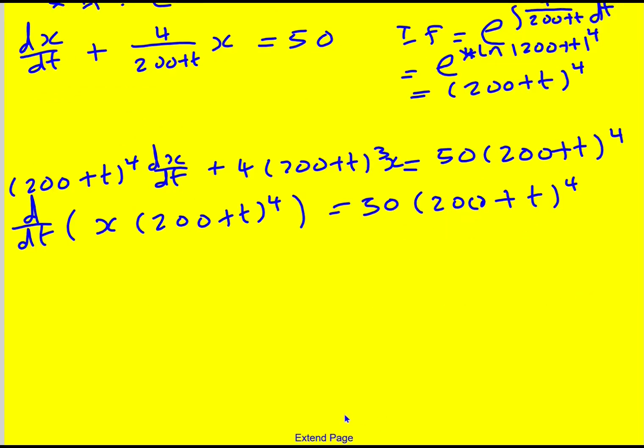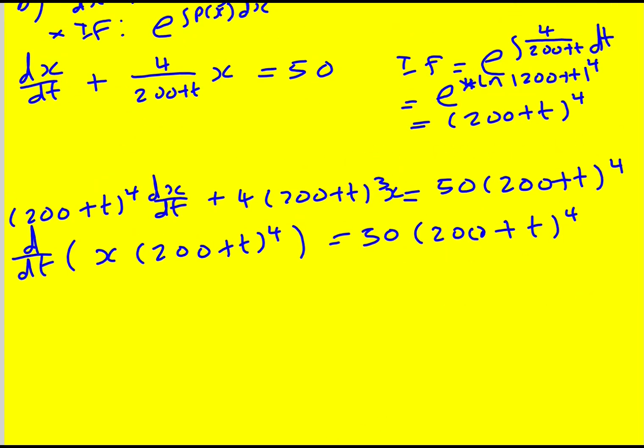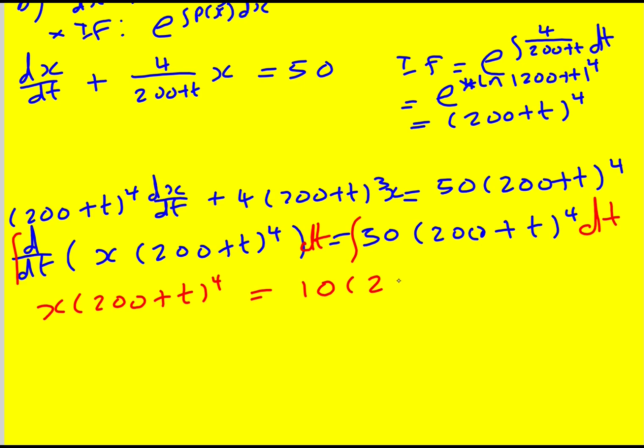And I'm ready to integrate now. So integrate both sides with respect to t, because the left-hand side just becomes x times 200 plus t to the 4. On the right-hand side, I'm going to be dividing through by 5 when I raise the power, so I'm going to get 10 times 200 plus t to the 5.